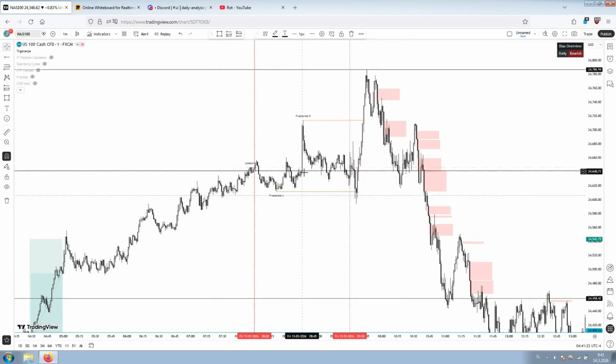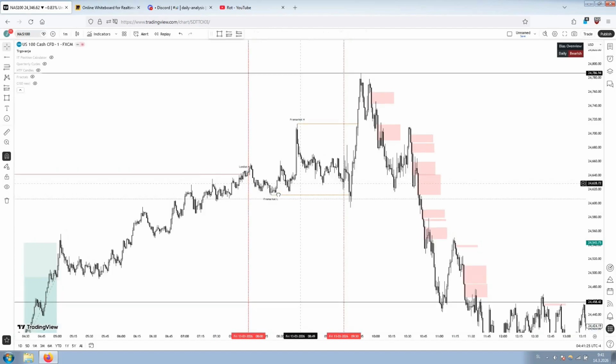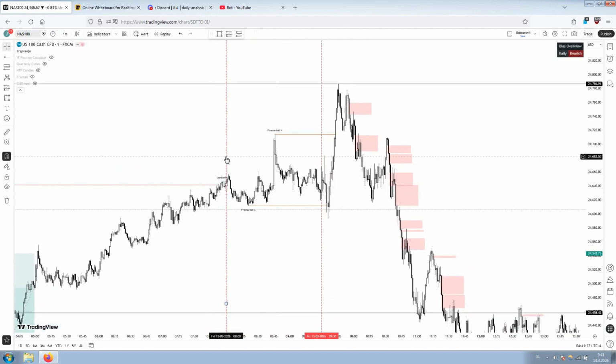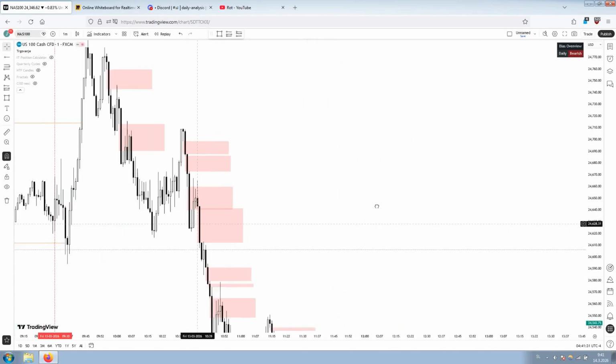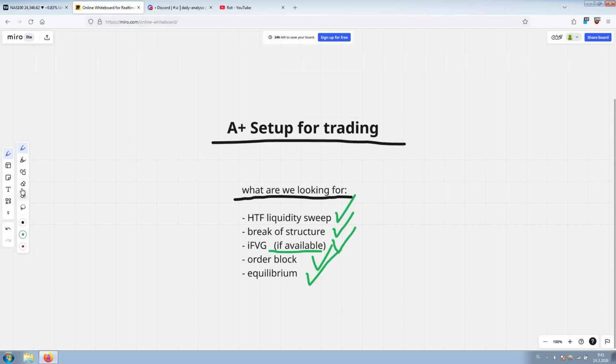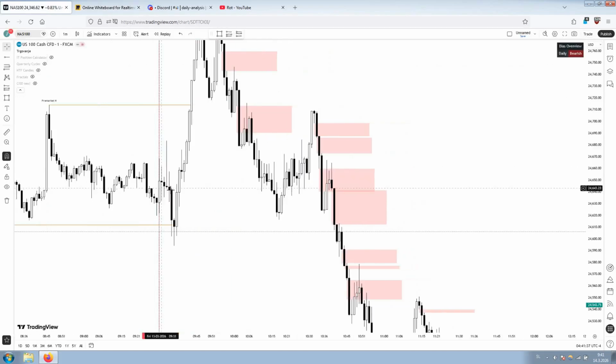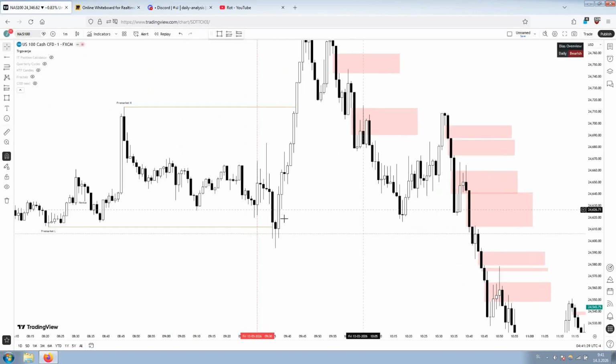Now the same thing is also applied at the New York market open, for example, because take a look what we have. Let's delete this. What do we have over here? We have liquidity sweep.